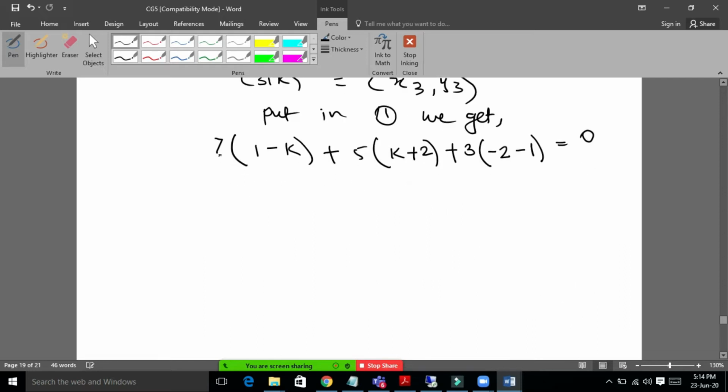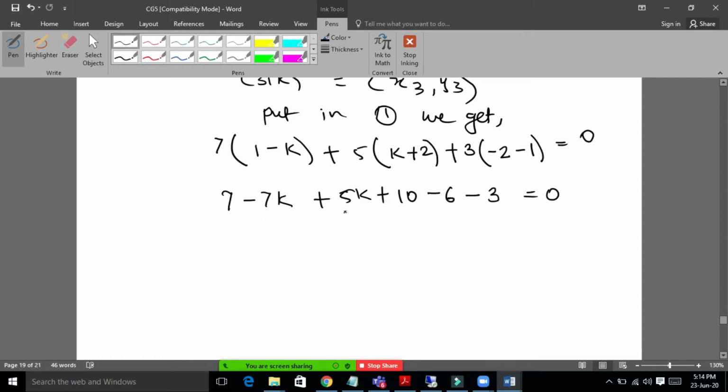Now we solve the brackets, so we multiply the terms. 7 into 1 is 7, minus 7 into k is -7k, plus 5 into k is 5k, plus 5 into 2 is 10, plus 3 into -3 is -9, is equal to 0.